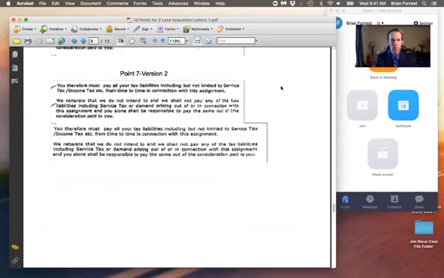Version 2 of point 7 is the same thing. Last 2 paragraphs and the last 2 paragraphs.